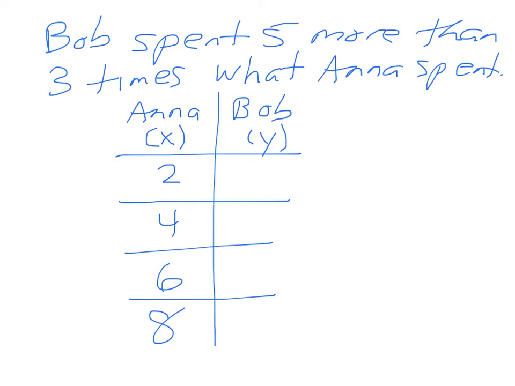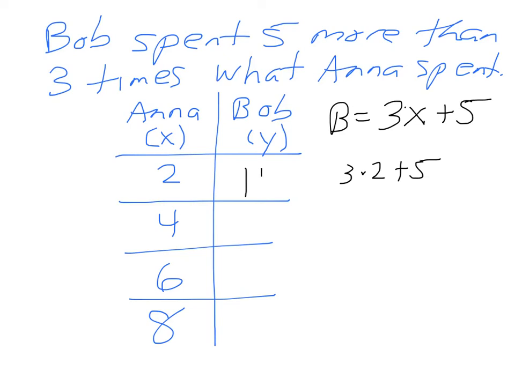Well, if you did it right, it's 5 more than 3 times what Anna spent. So my rule technically is going to be that Bob is going to be 3 times what Anna spent, 3 times plus 5. So if we do that, we go 3 times 2 plus 5. And that'll give me 11.